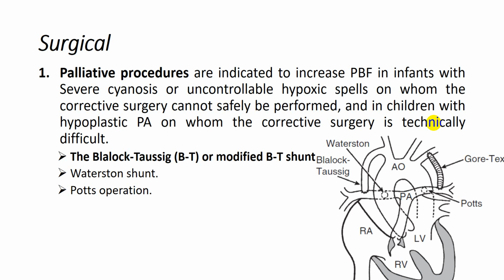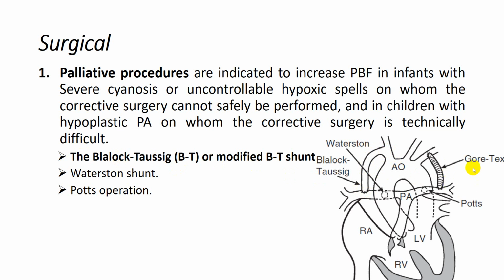This is done by one of the following mechanisms: either the Blalock-Taussig shunt or the modified Blalock-Taussig shunt. A BT shunt means connection of the subclavian artery to the pulmonary artery.